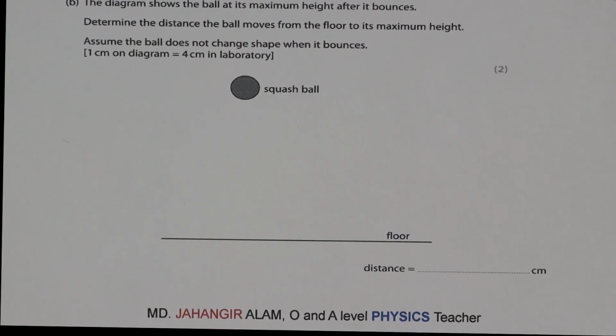So the diagram shows the ball at its maximum height after it bounces. Determine the distance the ball moves from the floor to its maximum height. Remember, 1 centimeter on the diagram equals 4 centimeter in the laboratory.